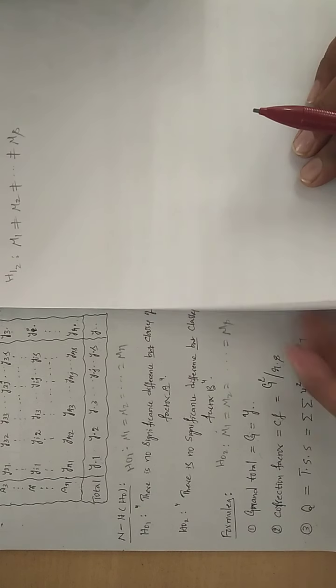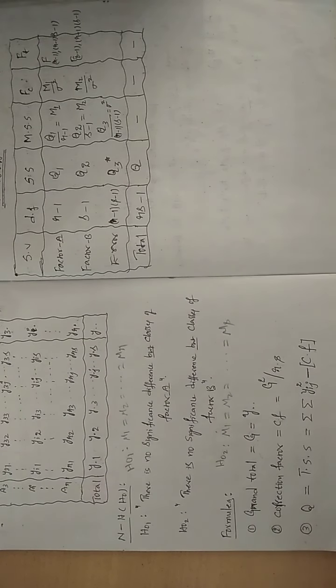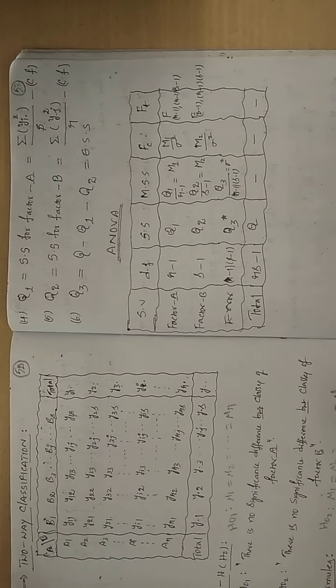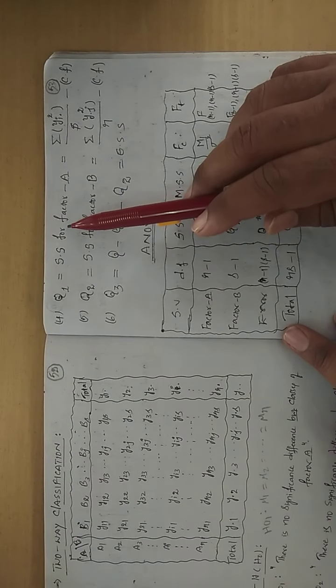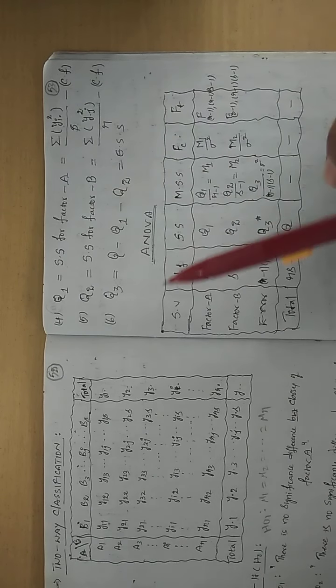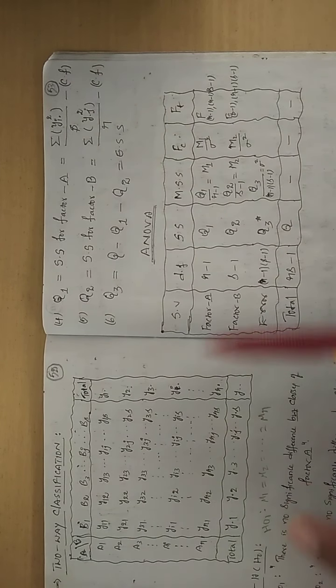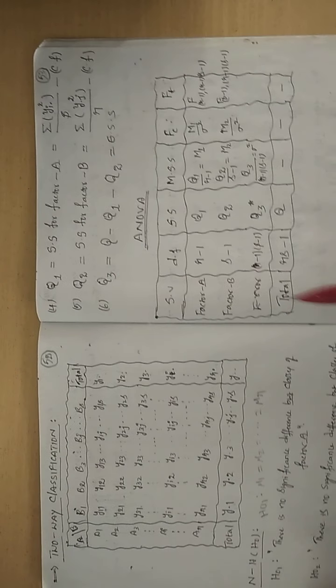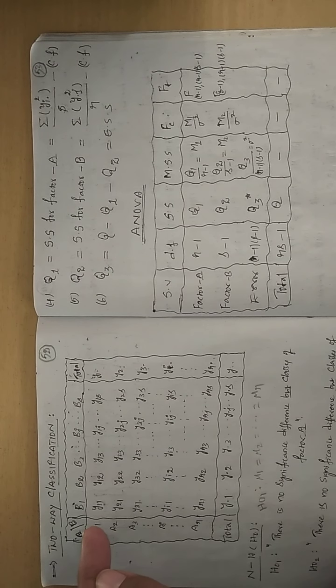The next thing is going to be changed here. What is that? Q1. Now how to get the Q1? Sum of squares for factor A. Be careful. This entire theory was developed keeping in view all A's are in the rows, all B's are in the columns.